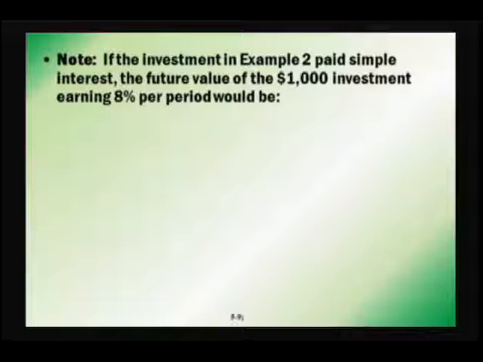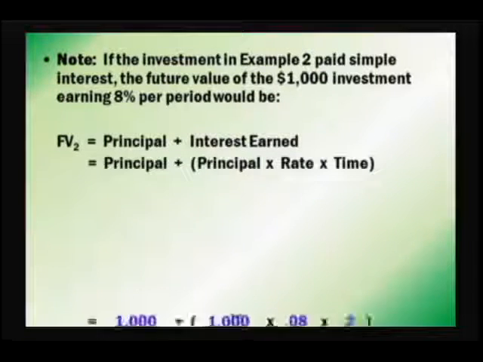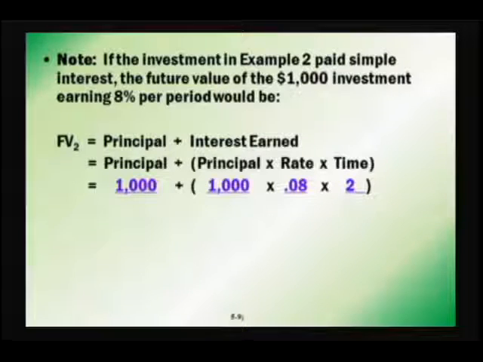Now, if the example I just used, using 2 periods, was simple interest, the simple interest would stay $80. We have 1,000 times 0.08 times 2.